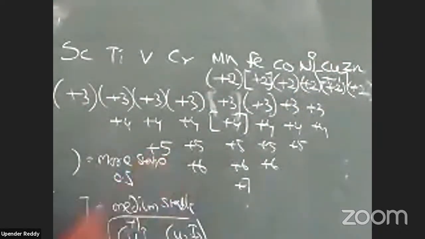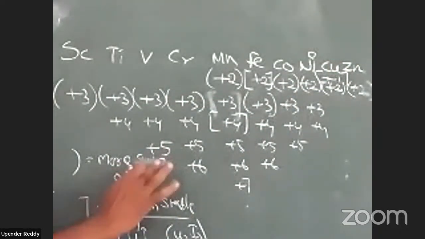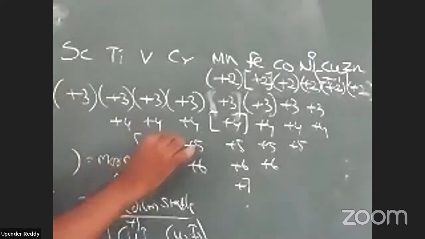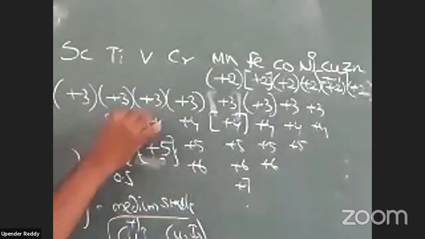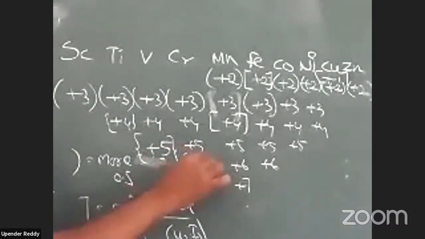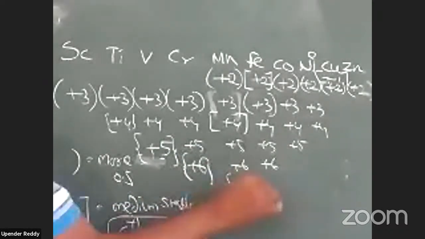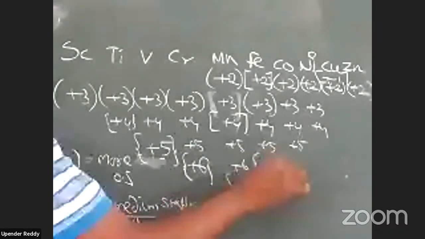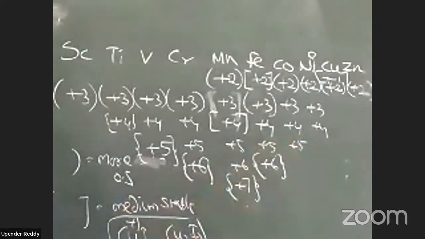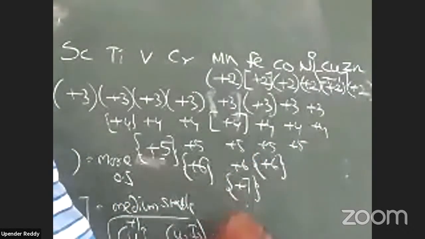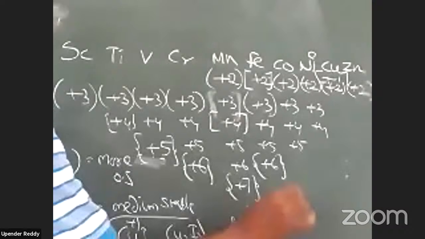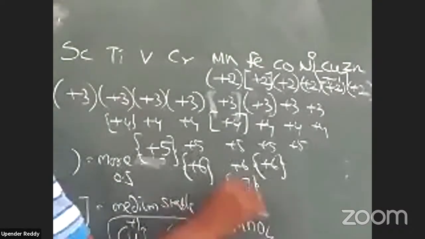But most important, all higher oxidation states are stable only with oxygen and fluorine. For example, KMnO4, permanganate, +7.